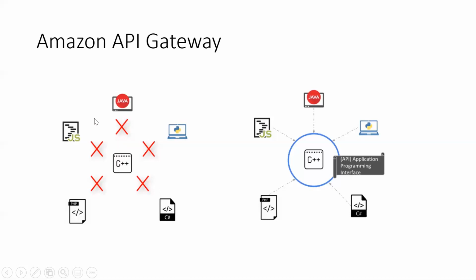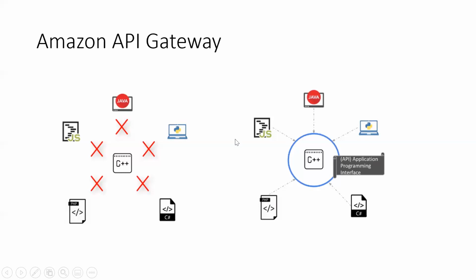So they came up with a feature known as API, the application programming interface. You create your code or library as an API so that it is reusable and can be used by any other programming language as a library. They can import it and use those methods.